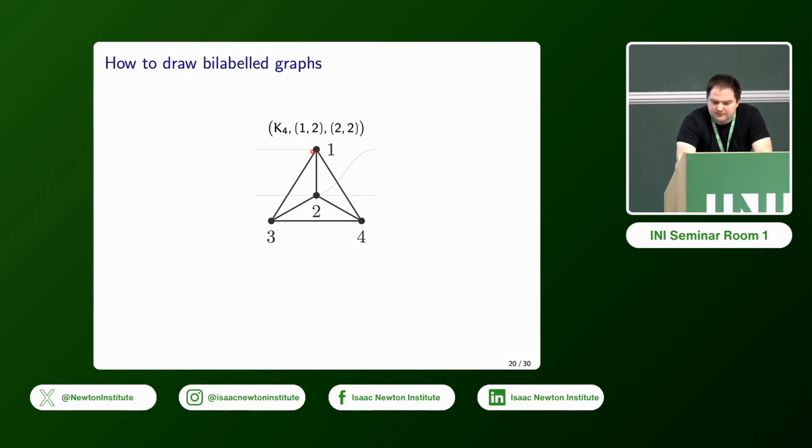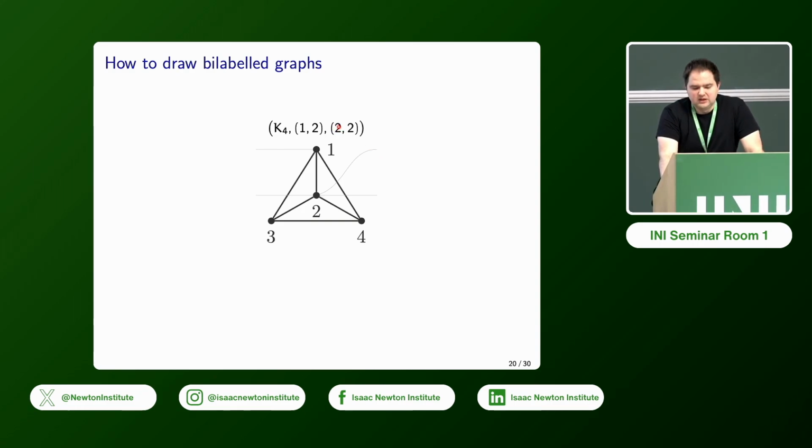The first input label corresponds to vertex 1, the second to vertex 2. Likewise, on the other side, the first output label corresponds to vertex 2, which is why we draw it on top, on the horizontal line together with the first input label. Similarly, the second output label also comes from vertex 2, and we draw it here.